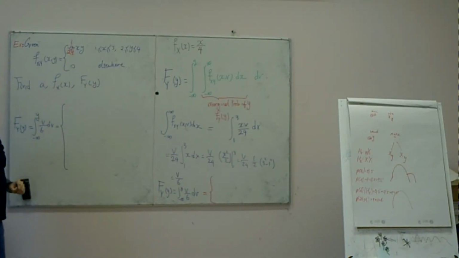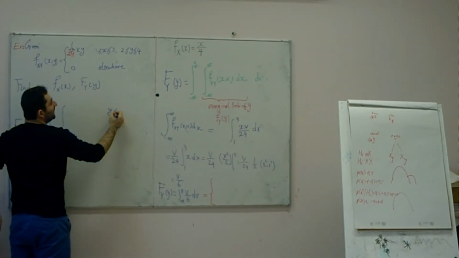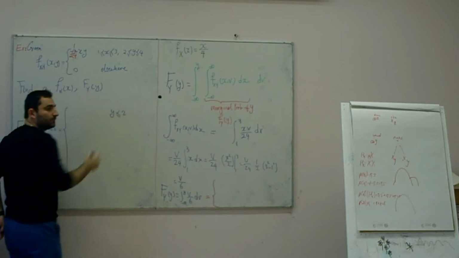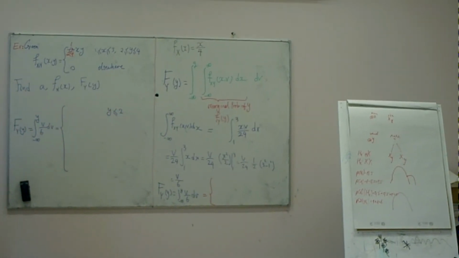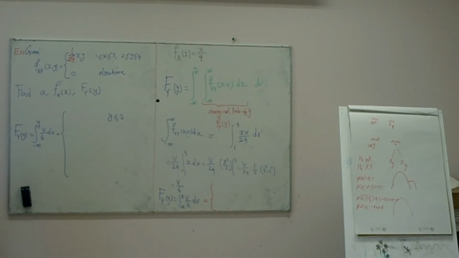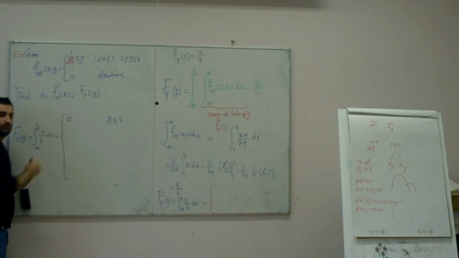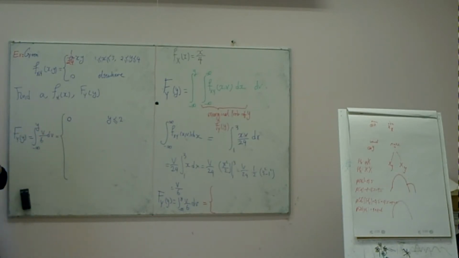If y is less than 2, what is happening? Yes, there is only 0 because it doesn't exist.